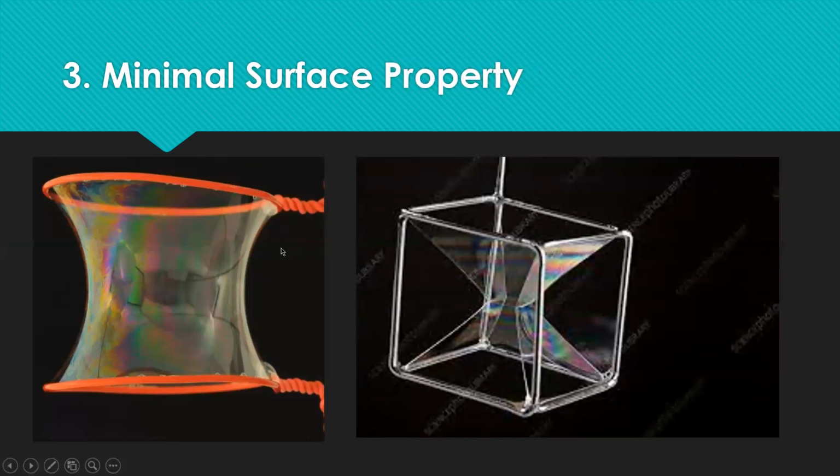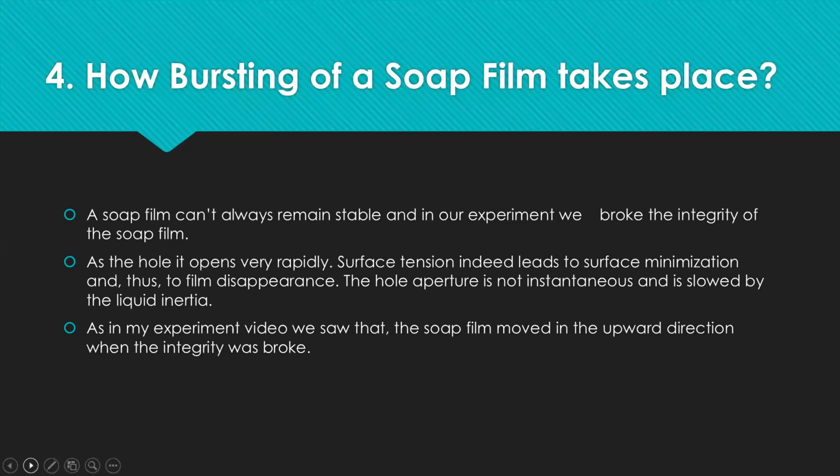Here in this image, you can see the minimal surface area property. We have dipped a cube in the soap film. To get this result using mathematics, we would need supercomputers. But with a soap film, it is done in seconds.